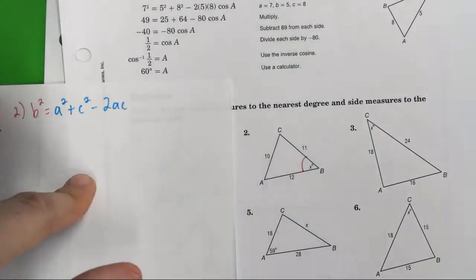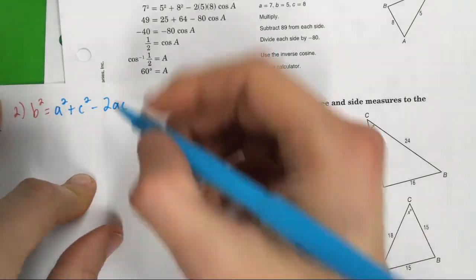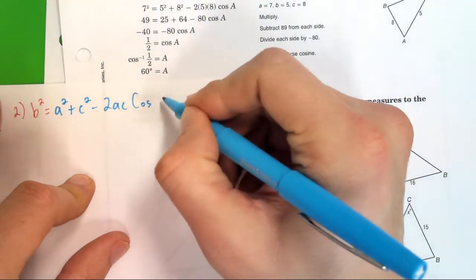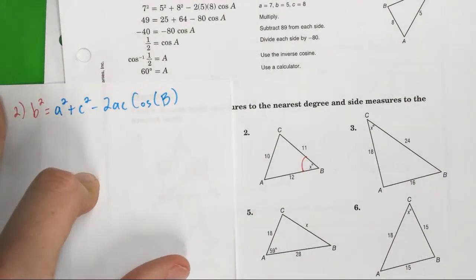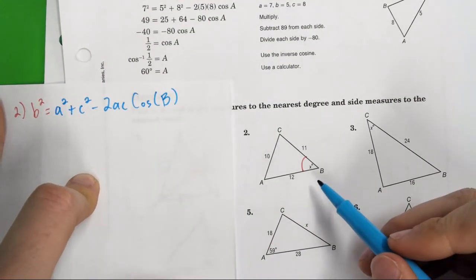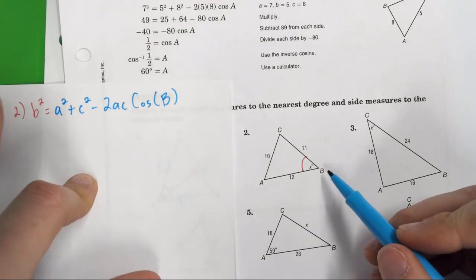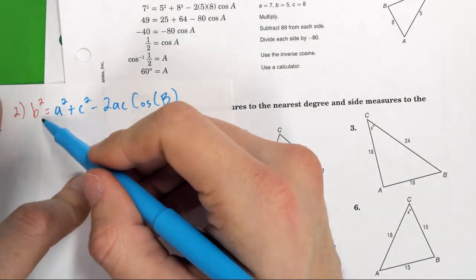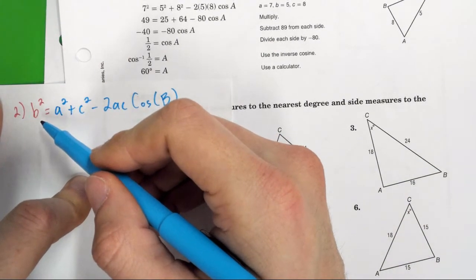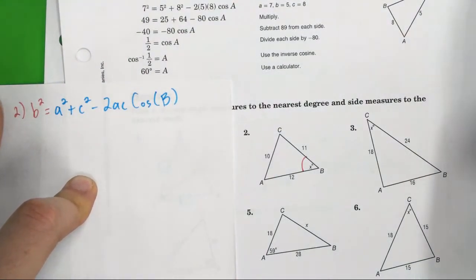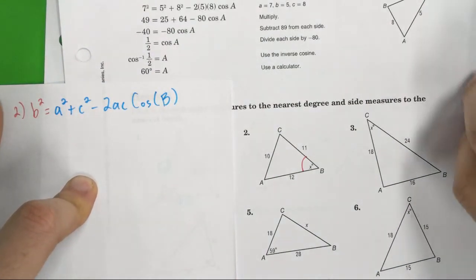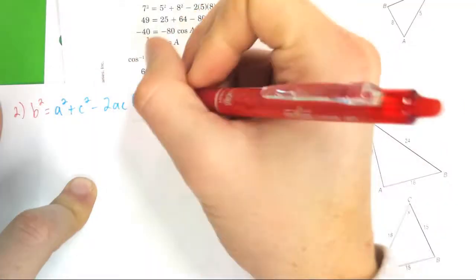It's just the other two side lengths. Doesn't matter. Times the cosine of capital B. Remember, the beginning is, where's the angle? What letter represents the angle? That's why I start with B. The lowercase b will be represented by 10. Oh, and I should have made this red, actually.